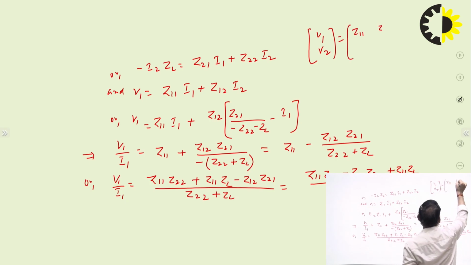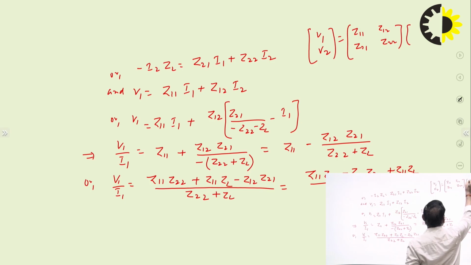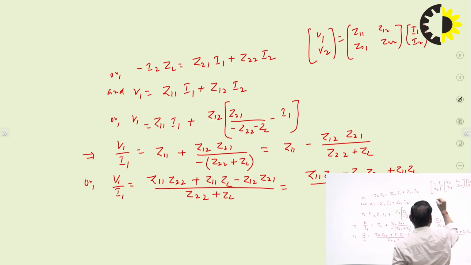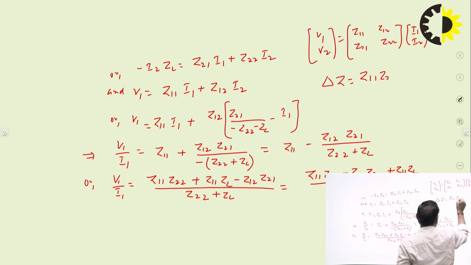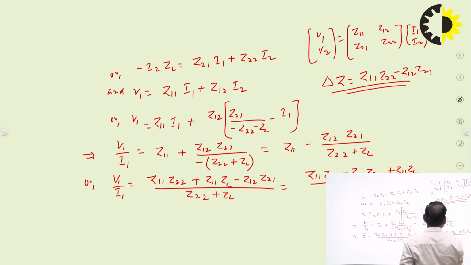So if we write them in the matrix form for the Z parameters, this is your Z11, Z12, Z21, Z22, times I1, I2. So the determinant delta Z is Z11 Z22 minus Z12 Z21. So we can replace this by this.